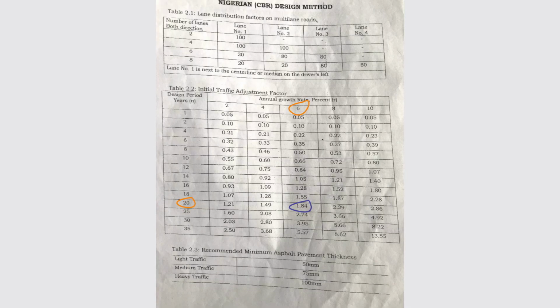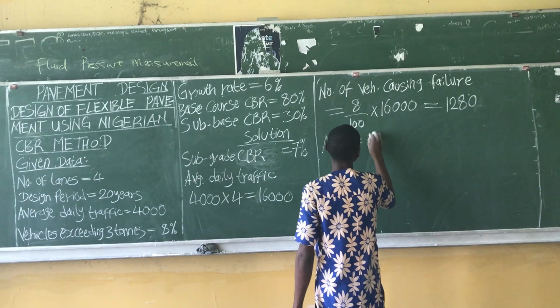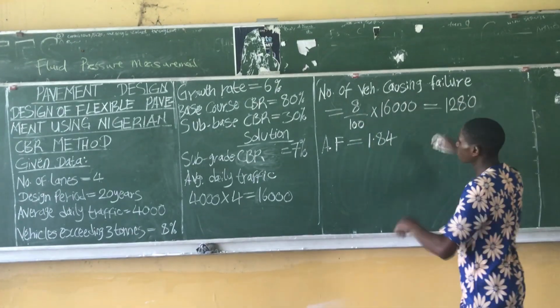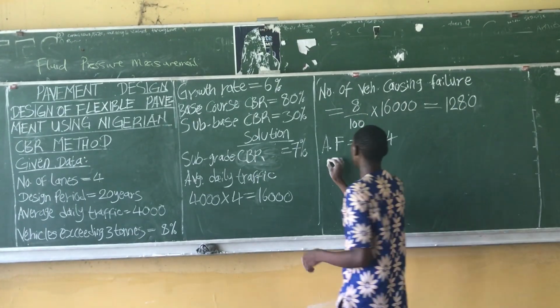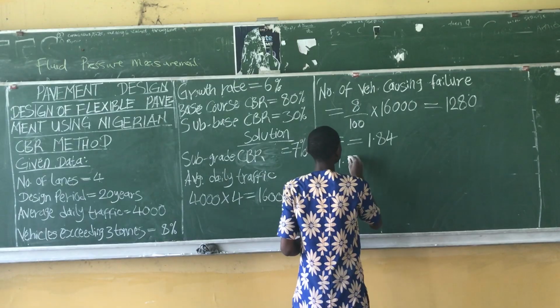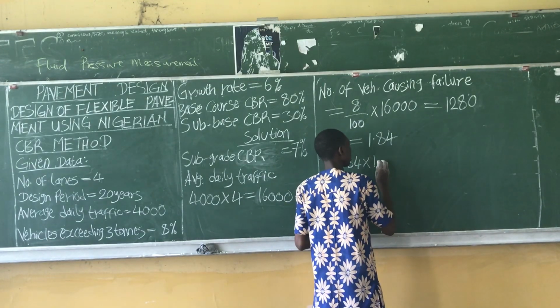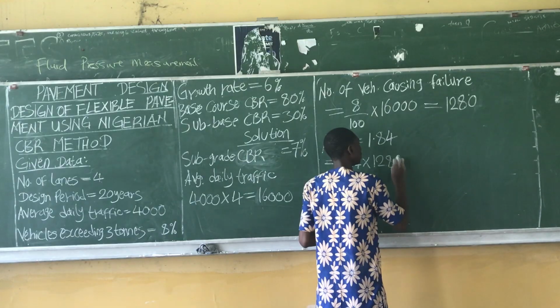Okay. So on table 2.2, given a design period of 20 years and a growth rate of what? 6%. So we have our adjustment factor AF to be equal to 1.84. Therefore, our number of vehicles causing failure being factored is going to be equal to what? 1.84 times 1,280.